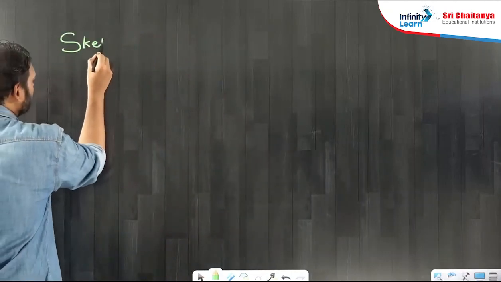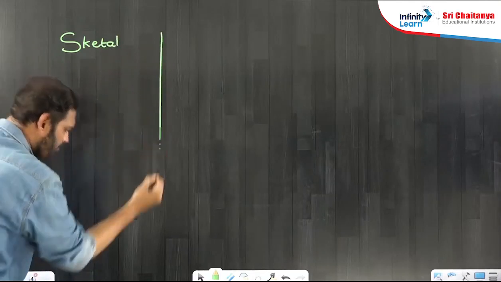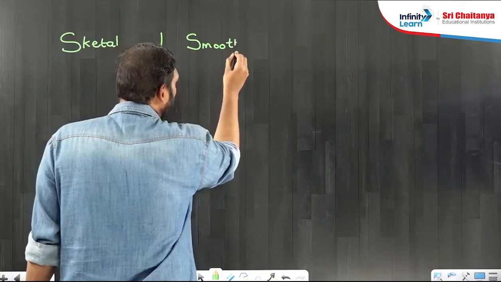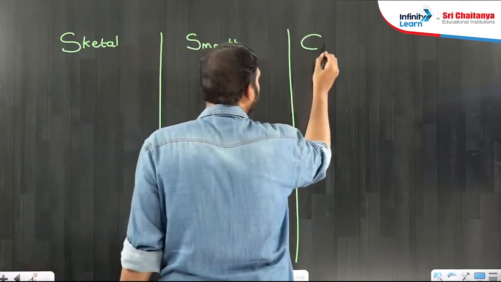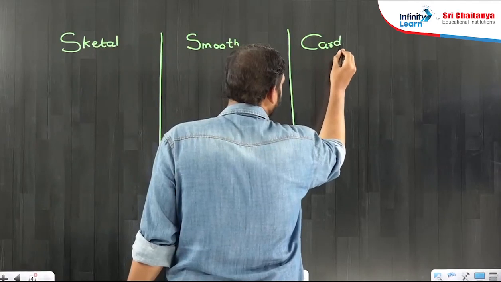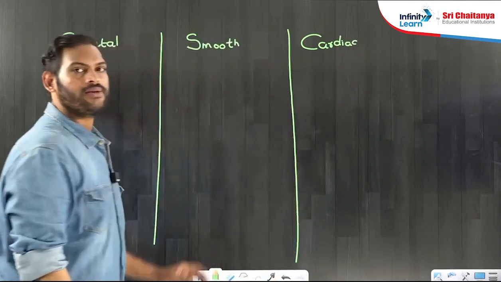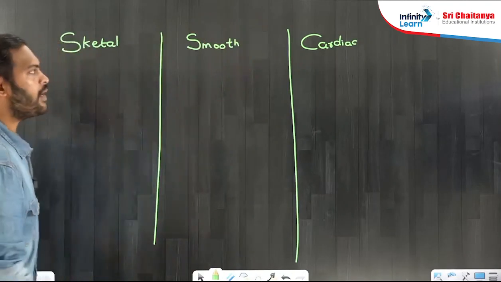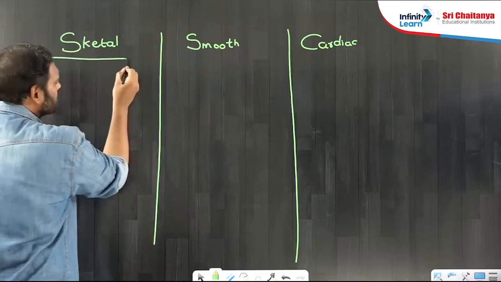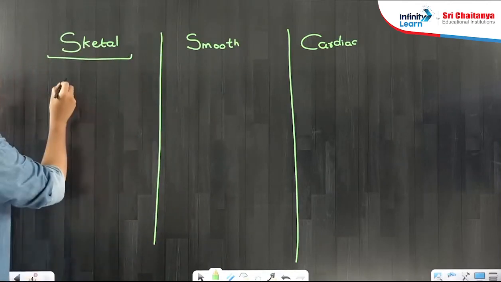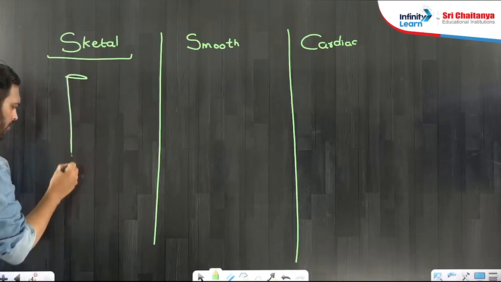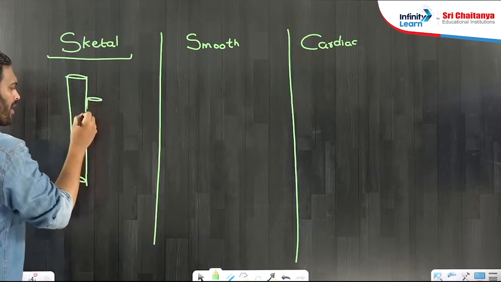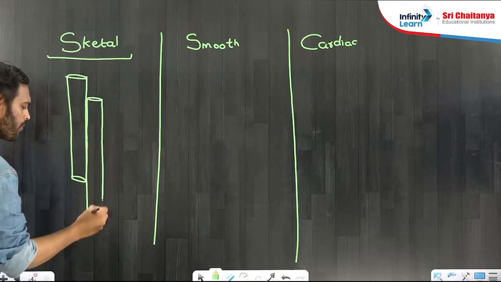Skeletal muscle, then smooth muscle, and then cardiac muscle. Okay, skeletal, smooth, and cardiac. Guys, the cells of skeletal muscle are very elongated, and these cells are arranged parallelly like this.